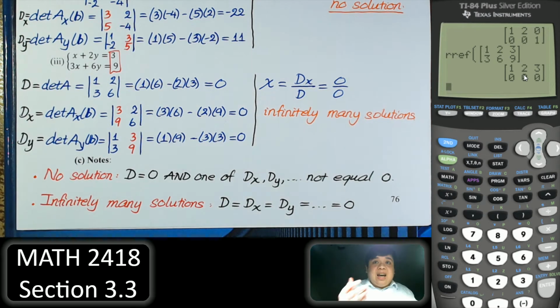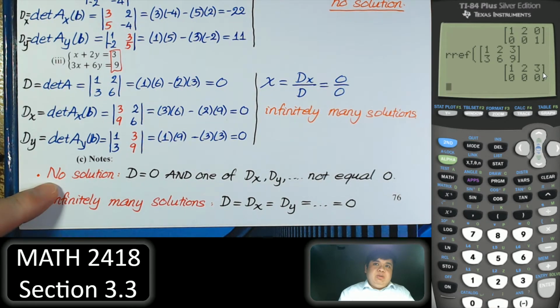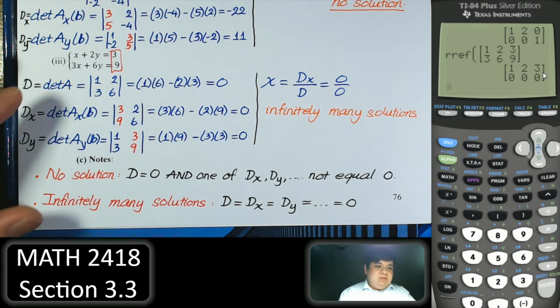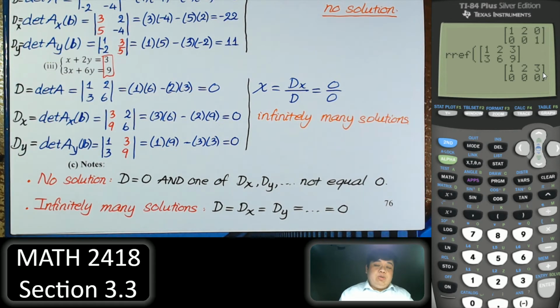But even then, we do not have the reduced echelon form matrix, so we cannot write the solution in terms of free variables. Cramer's rule only gives us that there are infinitely many solutions. It doesn't tell in what form. It can tell you no solution too, but the best way is to use the reduced echelon form.